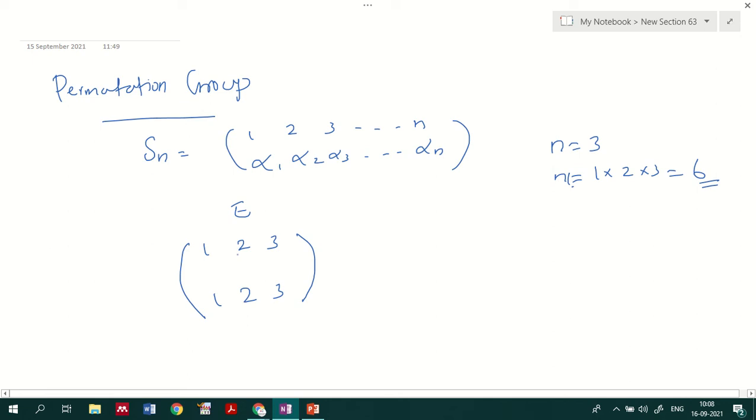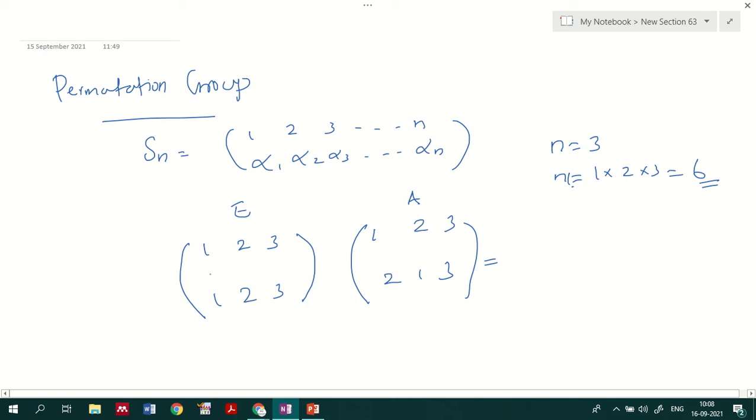Let me take the identity matrix, 1 2 3 and 1 2 3 here, and I am operating with 1 2 3 and 2 1 3. This is the identity matrix, and this is one of the elements of the n equal to 3 permutation group.